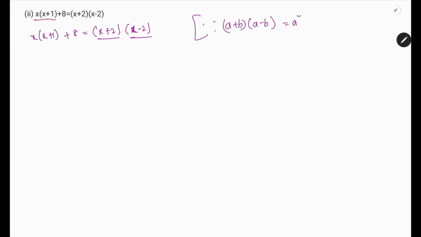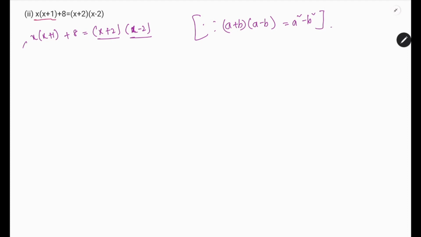See, second one. X into x plus 1 plus 8 equal to x plus 2 into x minus 2. If you see these two terms, x plus 2 and x minus 2, it is in the form of a plus b into a minus b. What is it? A square minus b square.